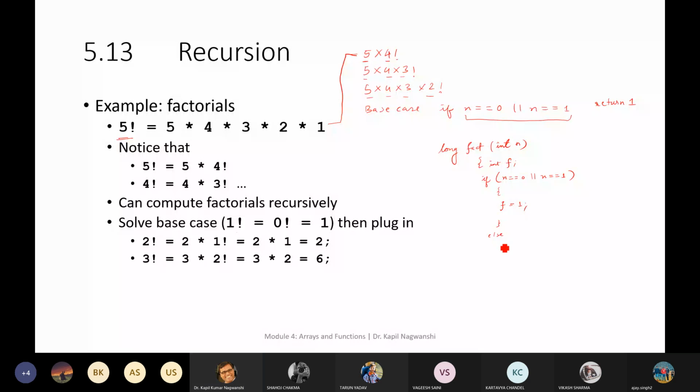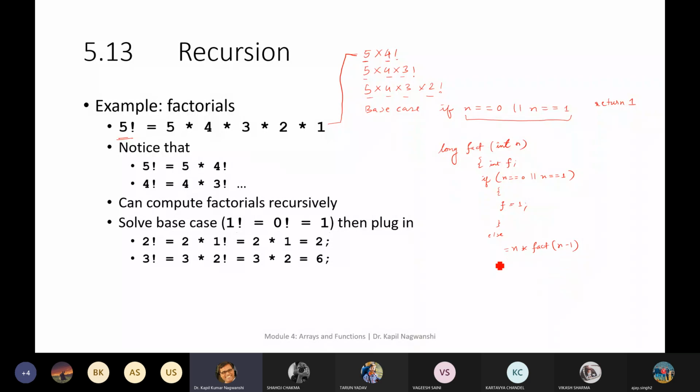Else, what will be our result? What I need to return, that I must calculate, this must be n into factorial n minus 1.